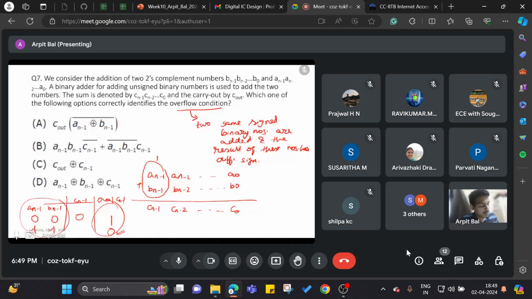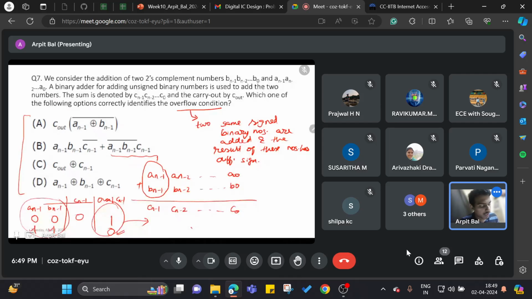So what is the appropriate option to identify the overflow condition? If An minus 1 and Bn minus 1 are both 0, meaning both are in complemented form, then Cn minus 1 will be in true form.